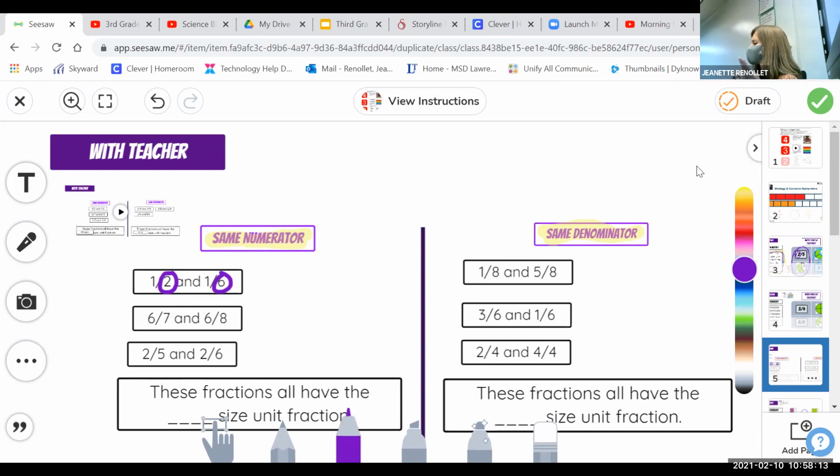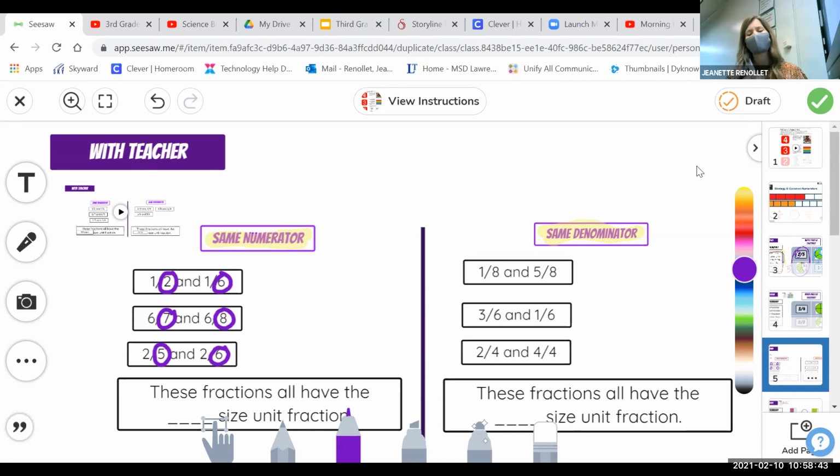Will they have the same size unit fraction or different unit fractions? Angela says different, right? A half and a 6th are different parts. Let's check 7 and 8. Will 7ths and 8ths have the same size unit fraction or different size unit fractions? Maberly? She's saying no, they're going to be different.